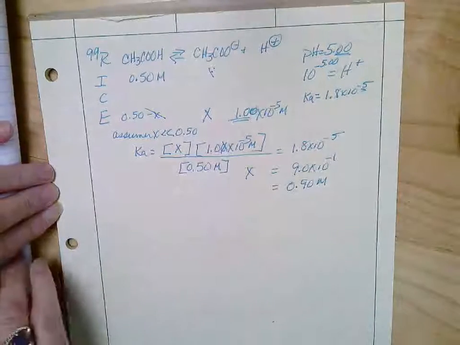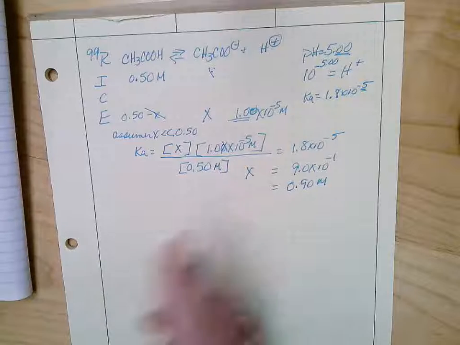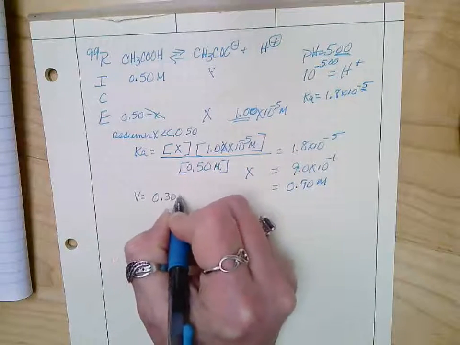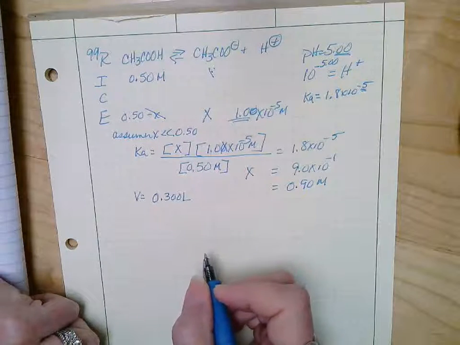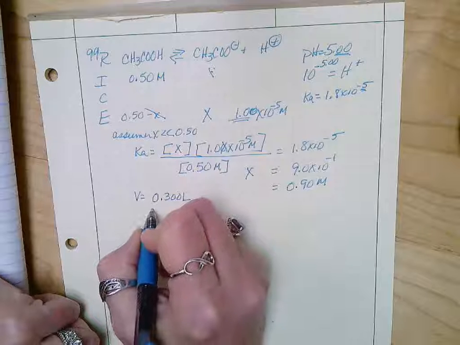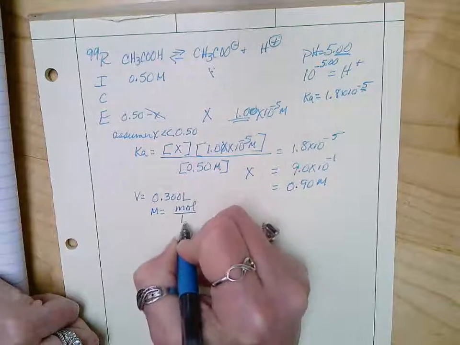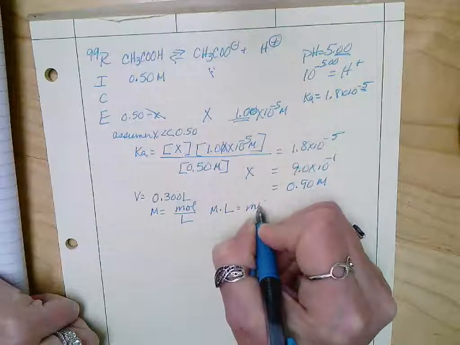Now, in that question, it tells me that I have my volume equals 0.300 liters. I'm assuming there's no change in volume, so molarity equals moles divided by liters. So molarity times liters will give me my moles.